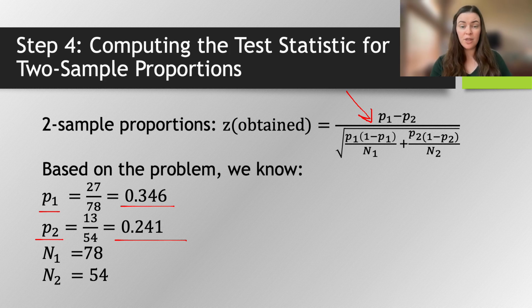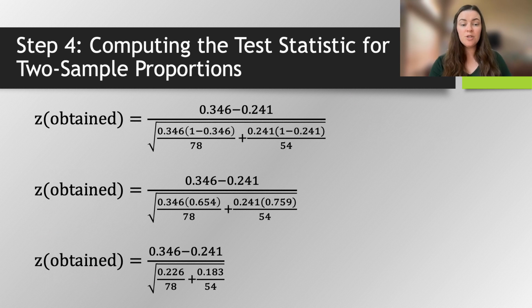Lastly, all we need to know for this is the respective sample sizes for each group. I have 78 for group 1 and 54 for group 2, and so we can go ahead and plug in the information. Here's what it looks like with our P1, P2, N1, and N2 plugged in.